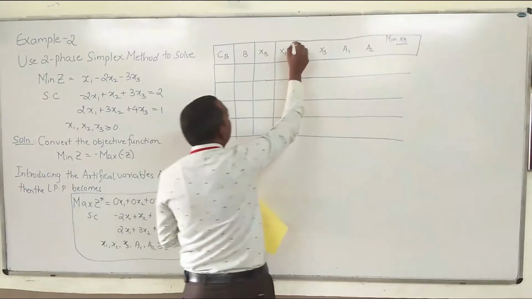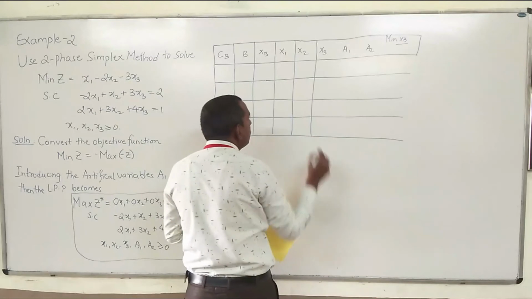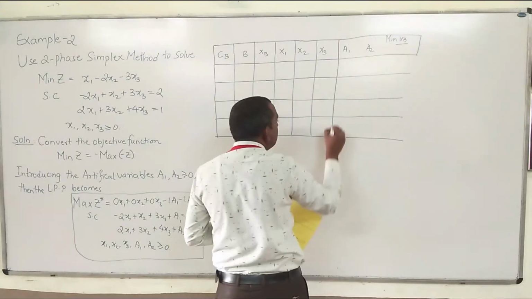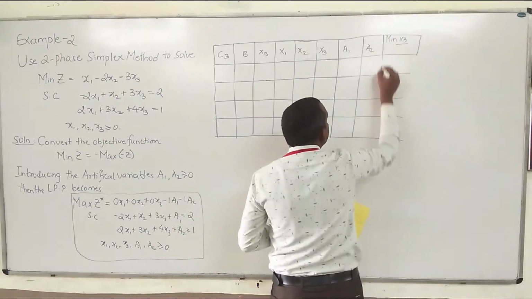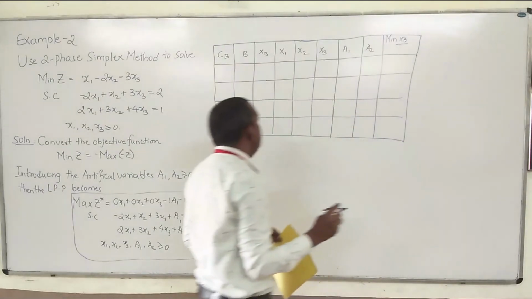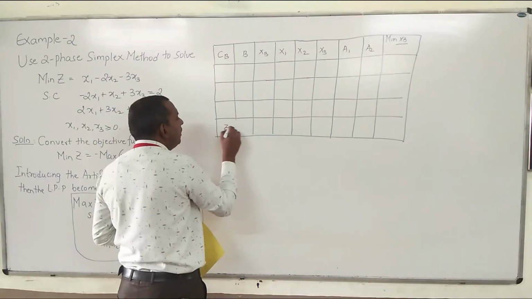In phase 1 we construct an auxiliary LPP. How do we construct it? If the objective function is to be minimized, first convert it into maximization.